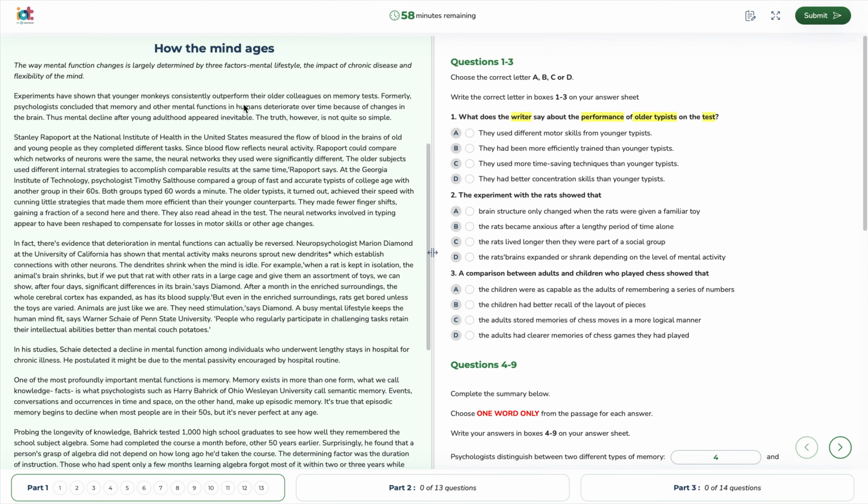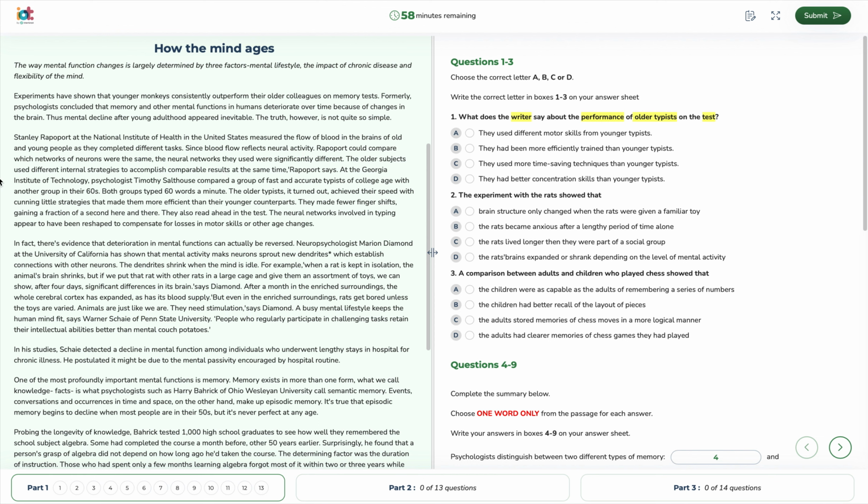Here they are showing the experiments. But if you go down here, there's a researcher who could compare which networks of neurons were the same. The neural networks they used were significantly different.